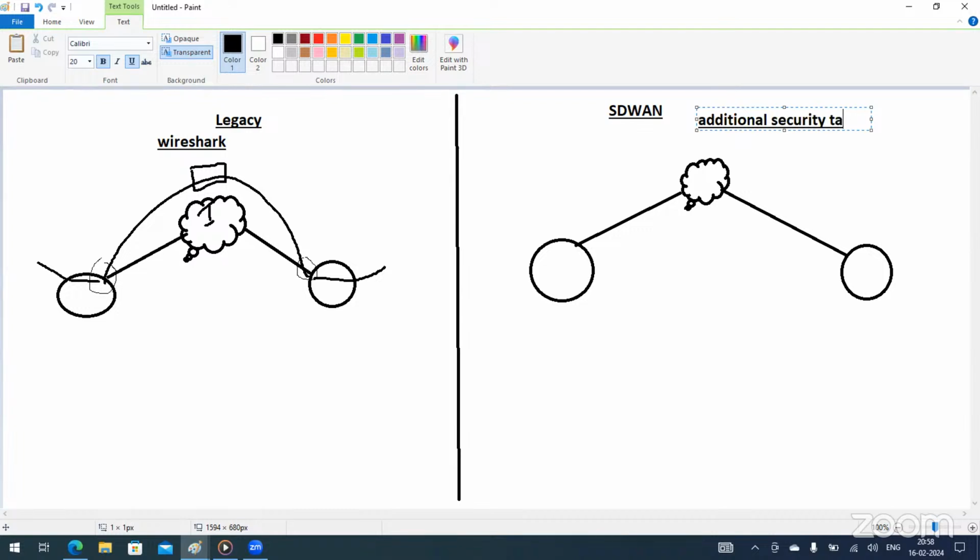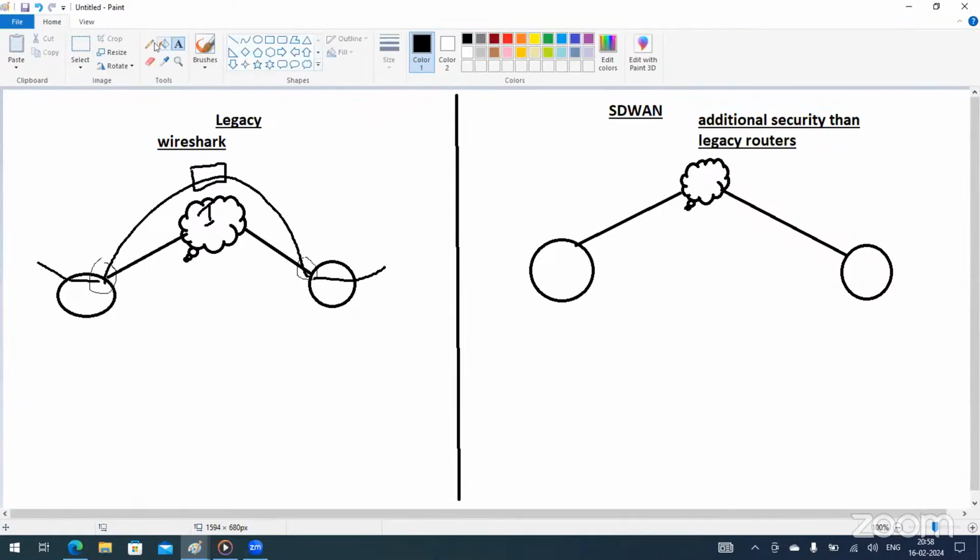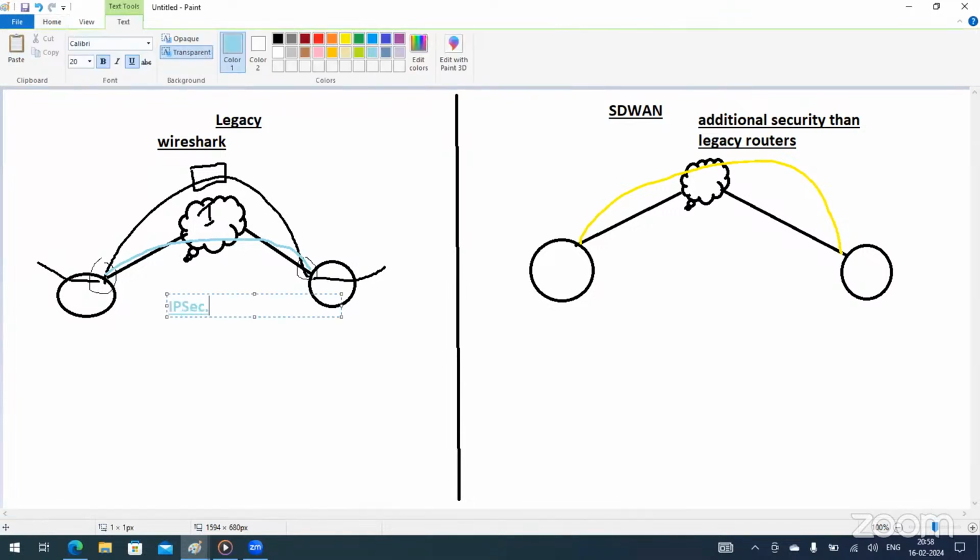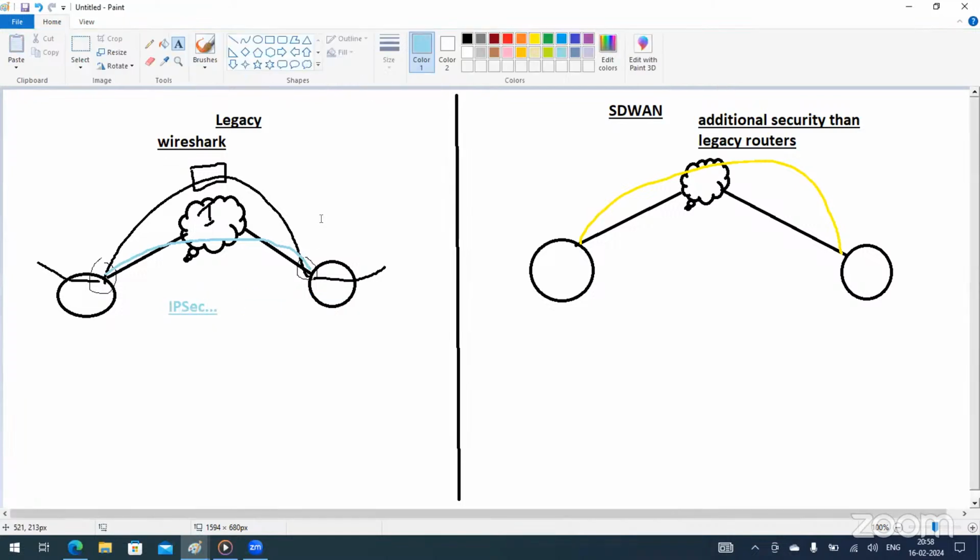than legacy routers. So there would be IPsec tunnels between these 2 devices, right? This IPsec tunnel we can configure in legacy as well. But when we configure IPsec tunnels here, it is only IPsec tunnel, no SSL based security here.